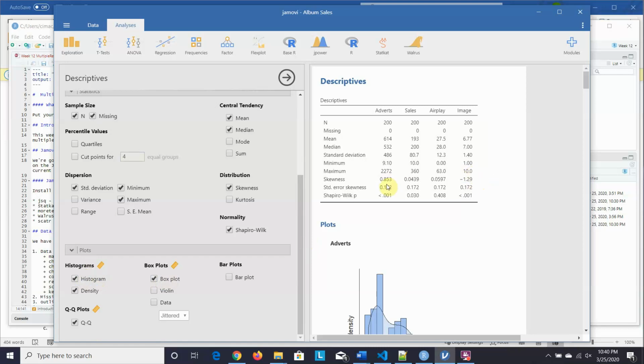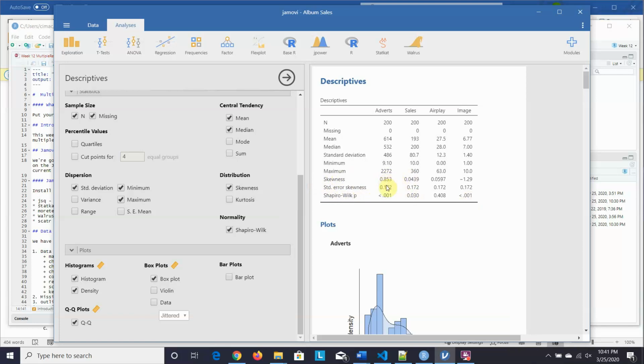We can see that on the Shapiro-Wilk test, adverts and sales are significant, meaning they're not normally distributed. And of our new variables, airplay is not significant, but image is. But like normal, I like to look at the skewness divided by the standard error of the skewness, because the Shapiro-Wilk and the Kolmogorov-Smirnov can be a little strict on normality and are also affected by kurtosis, which is not quite so important when it comes to our normality assumptions.